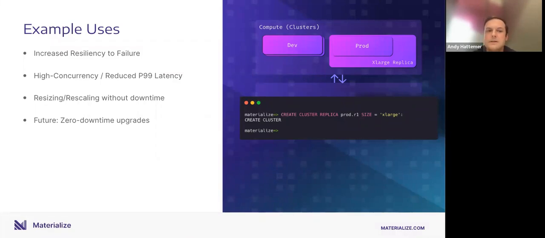Replication is also key to enabling zero downtime version upgrades in the future, where you can imagine a replica with an updated version of Materialize can be started. Once it's verified as operational, the old replica can be destroyed.